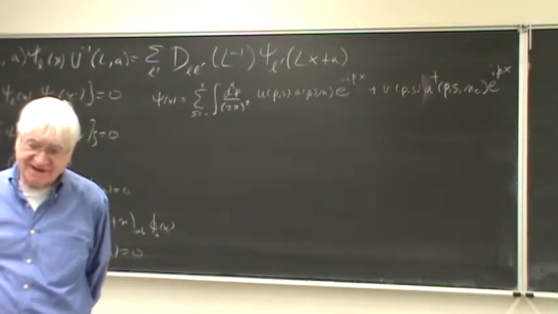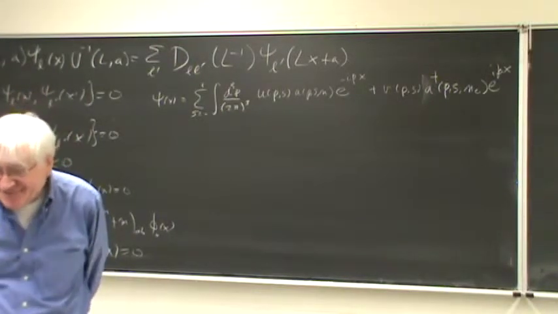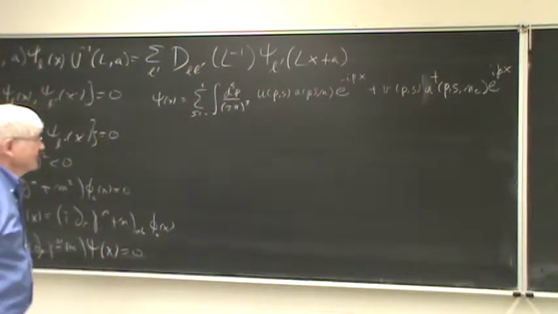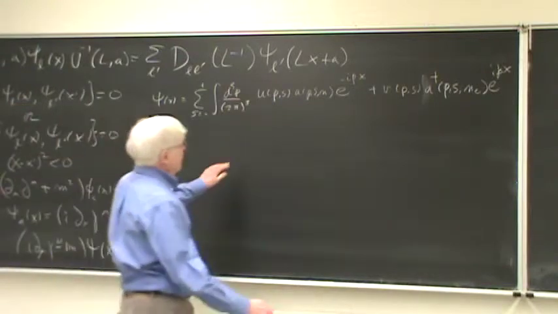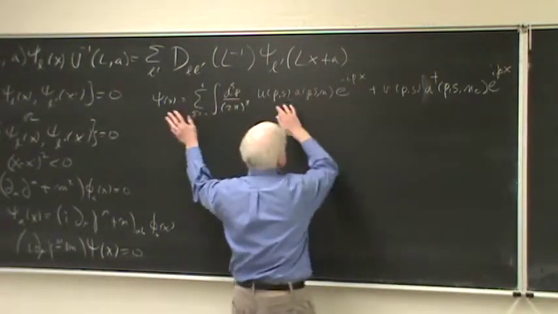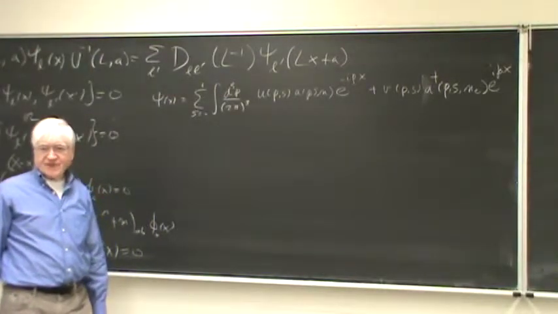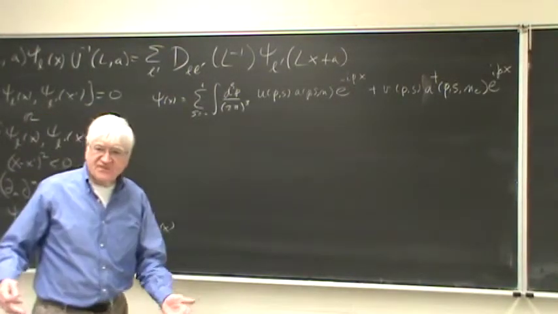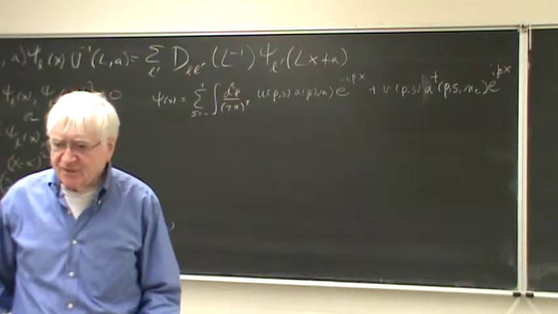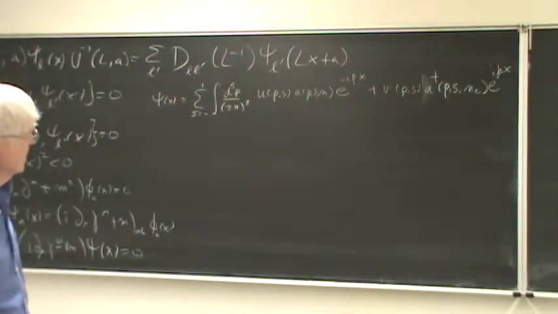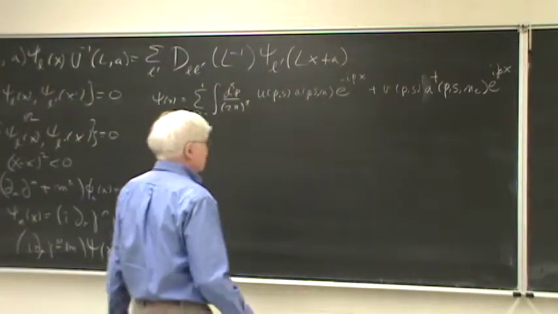It just isn't V star. It just is V. In other words, we're going to have two spinors so that this satisfies Dirac's equation. I mean, you could call it V star if you want.